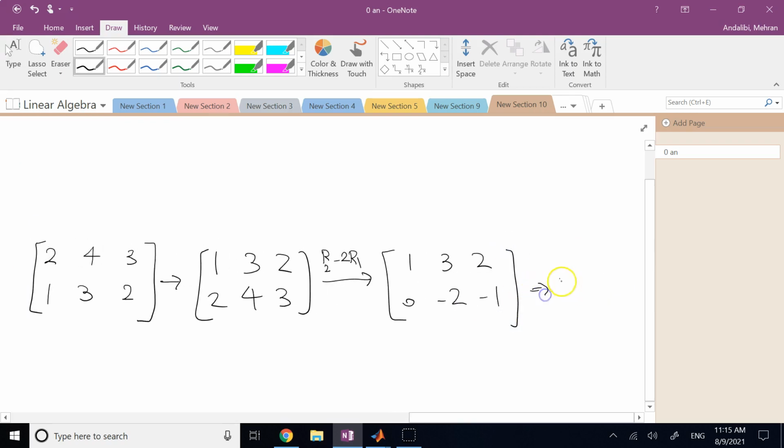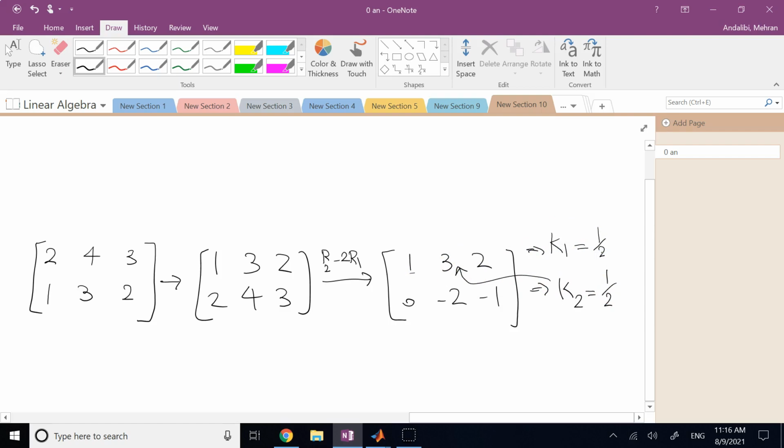That clearly means K2 times -2 is -1, so K2 is going to be 1/2. Then if you plug it back up to here, now you have 1 K1 plus 3 K2 is 2. So K1 should also be 1/2, I assume, right?